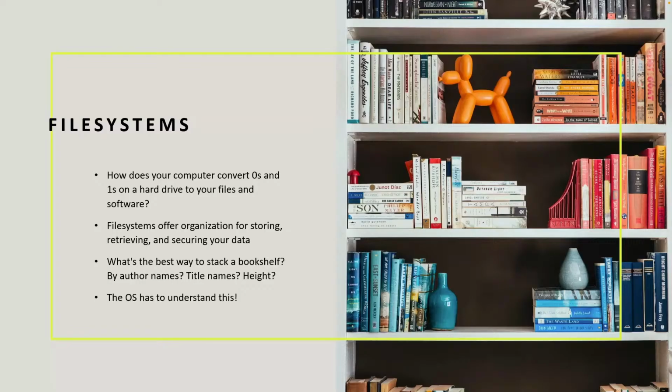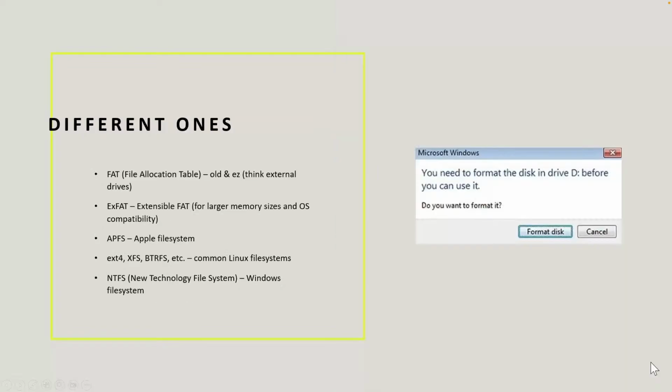And there are different ways of doing this. I know some people like to sort books by height, which is strange, or color, which is worse. But somehow you're supposed to know how this is being done, and the OS is the one trying to understand exactly this process. So you have a bunch of different OSs and a bunch of different file systems.